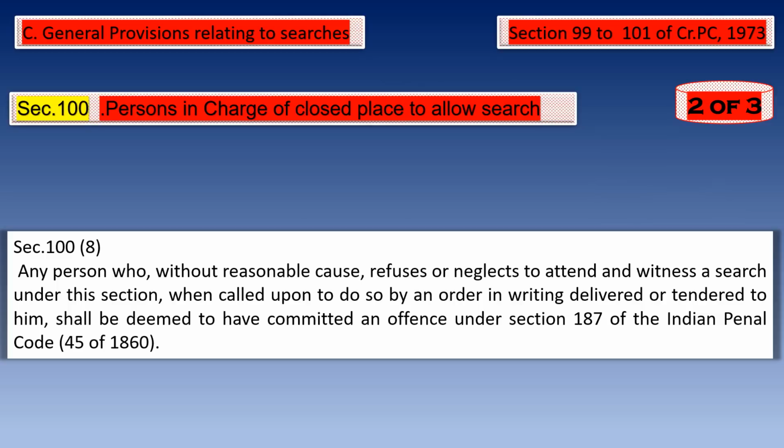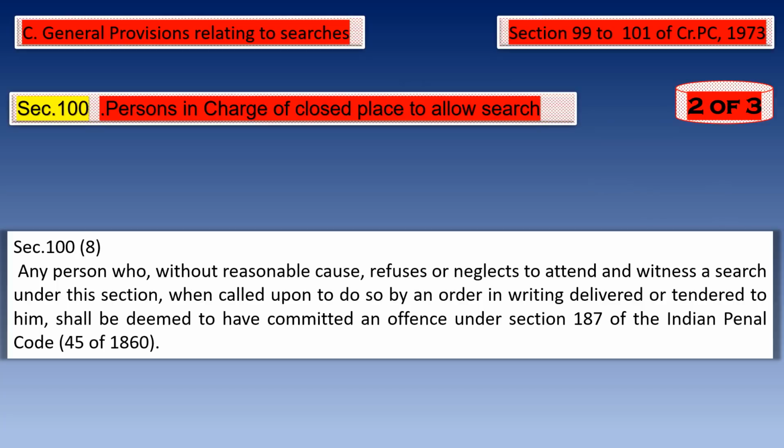In subsection 5 of Section 100, it was said that a list of seized items will be prepared and that list has to be signed by the witnesses. Now, subsection 8 of Section 100 says, what if they do not sign? The second part gives the remedy that they can be booked under Section 187 of Indian Penal Code.